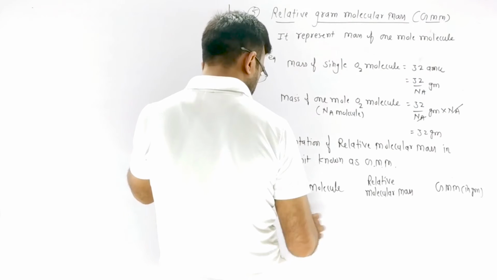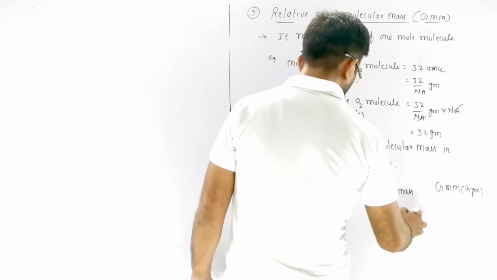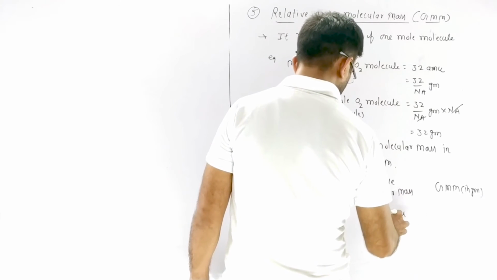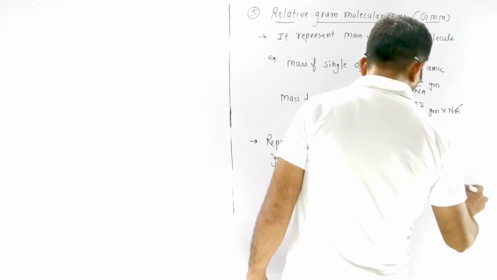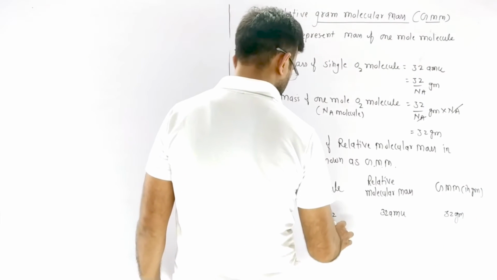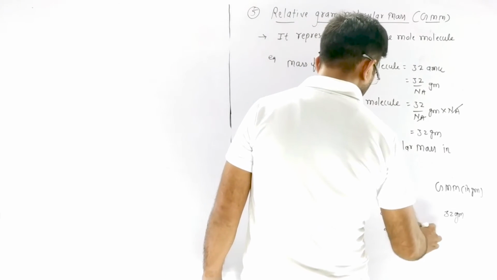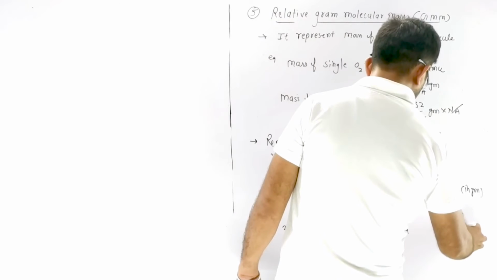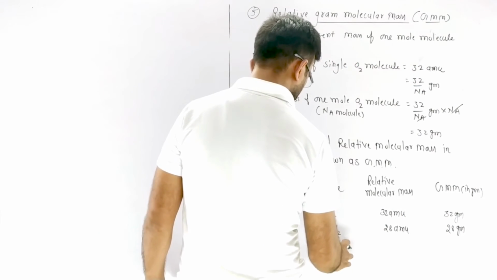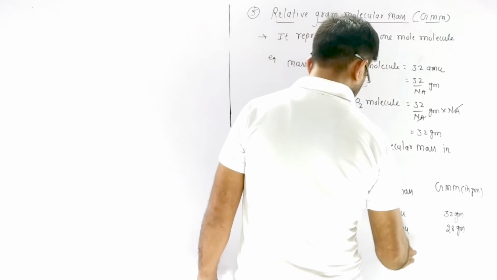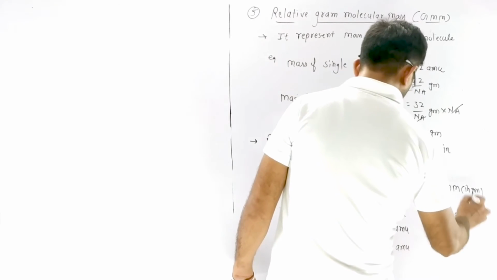For example, O2 relative molecular mass is 32 AMU, but gram molecular mass is 32 gram. Similarly, if you have N2, then 28 AMU and it is 28 gram. Similarly, if you have chlorine Cl2, then it has 71 AMU and it has 71 gram.